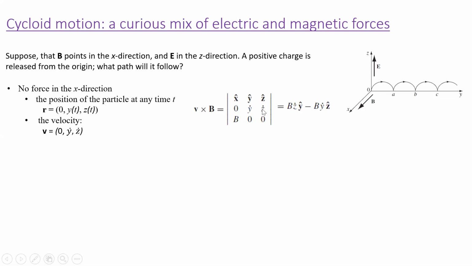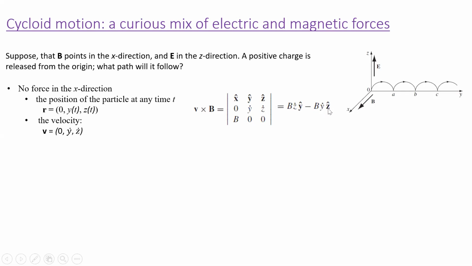So if you work out this cross product, it turns out to be, if you look at the y term, 0, y hat times B z dot, and that turns out to be positive because there's a negative of a negative there when you work out the determinant, minus the other term, minus B y dot z hat.